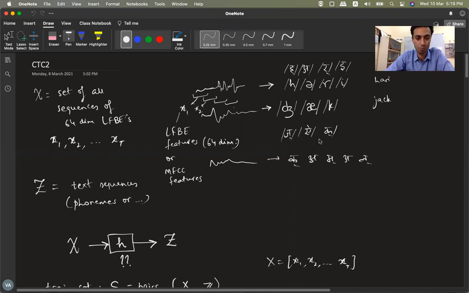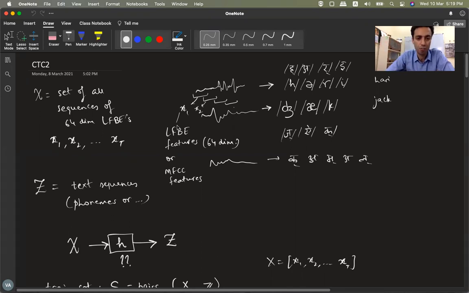X to Z, right? Now, these recordings can be converted into LFB features or MFCC features or any kind of features you can extract from your speech, which are actually window-based features. Like you take small windows which are shifted by a fixed hop size, and each window is of a fixed window length.